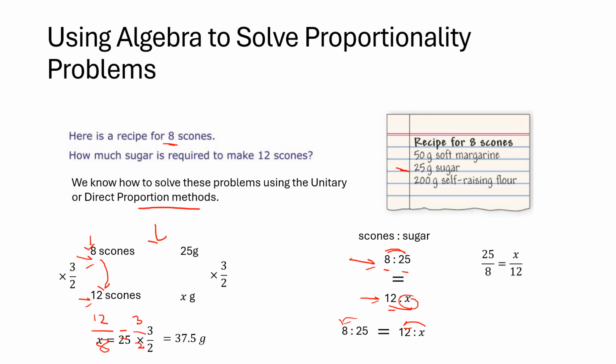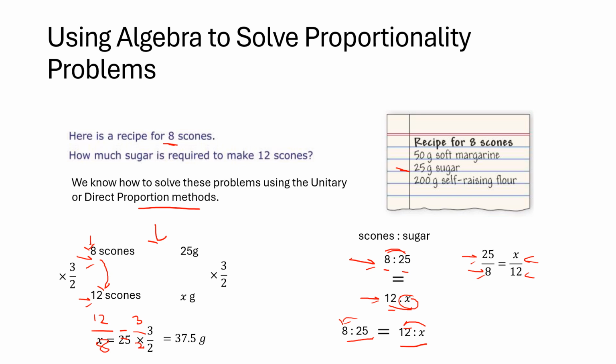So in this case we get 25 over 8 equals x over 12. Can you see we've tilted it so that we get the 25 on the top and the 8 on the bottom? You can see that ratio there. And in this one, we've got x on the top and the 12 on the bottom.